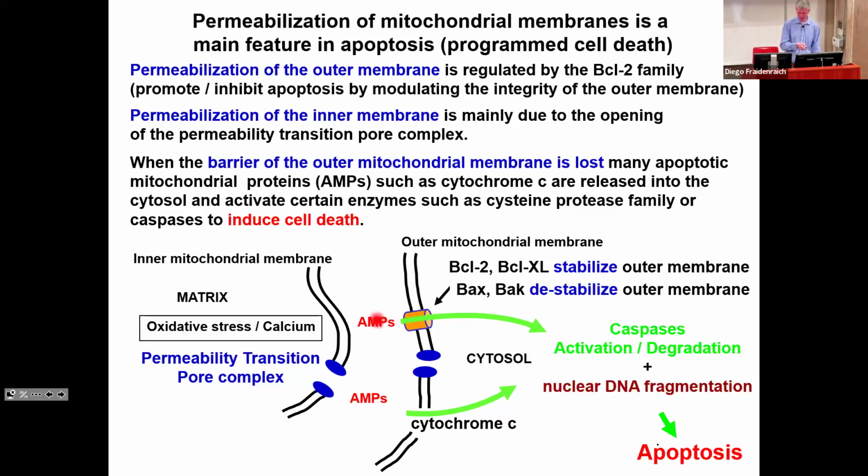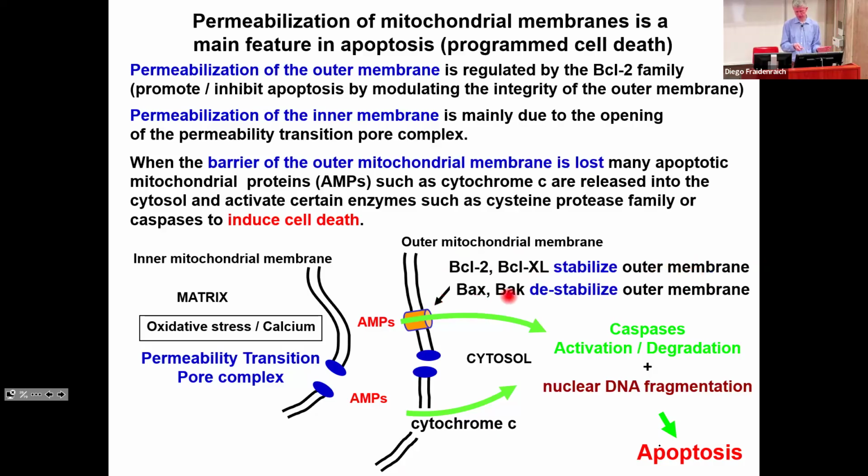Other parts would be, for example, calcium release, which may also play a role in this programmed cell death. There are numerous proteins known to stabilize or destabilize the outer mitochondrial membranes. For example, BCL2 stabilizes the outer membrane.